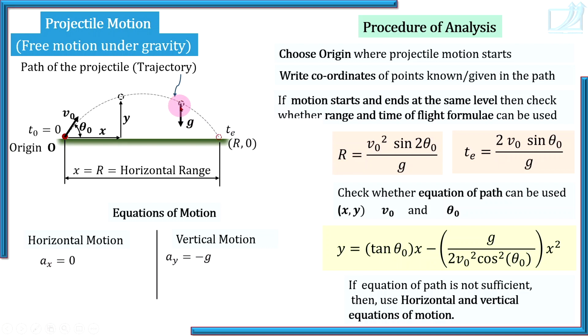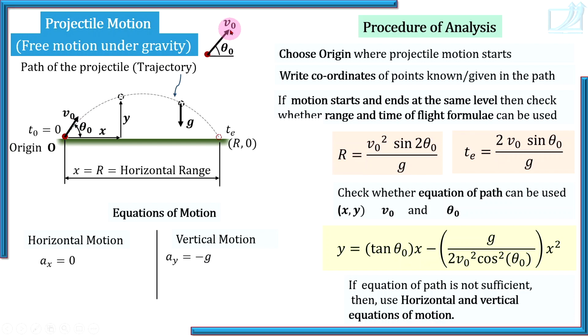For example, if there is a 10 Newton downward force, then its Fy, the y component, is minus 10. It's the same logic, nothing new here. So what is very important here is, in projectile motion, you will always know that horizontal acceleration is 0 and vertical acceleration is minus g.